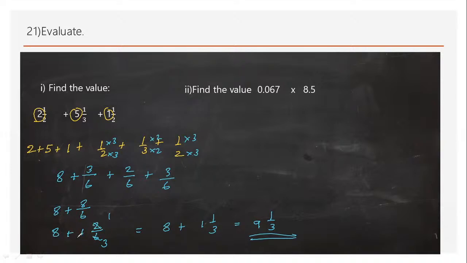Then 8 and 1, you can add these two whole numbers, that is 9. Then simplify: 1 over 3. 9 and 1 over 3.